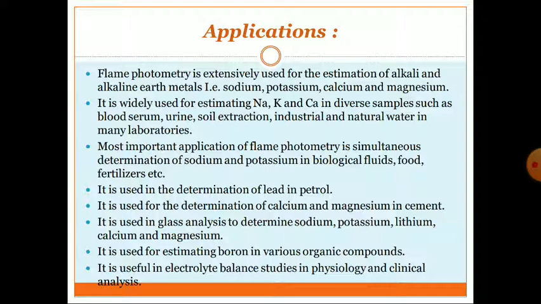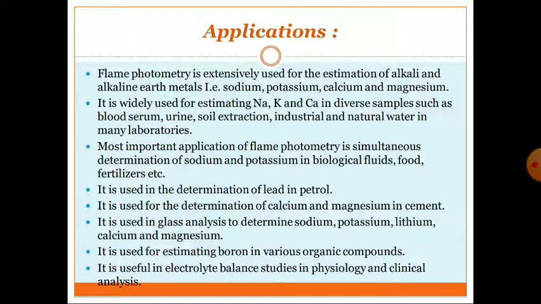Now, applications of the flame photometer. First application: the flame photometer is extensively used for the estimation of alkali and alkaline earth metals, that is sodium, potassium, calcium and magnesium.